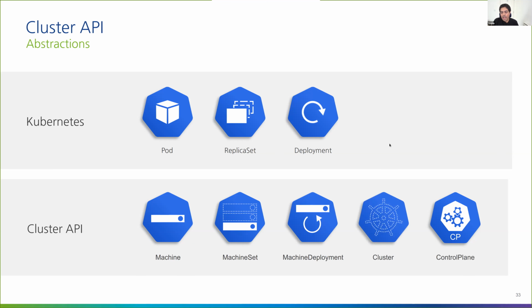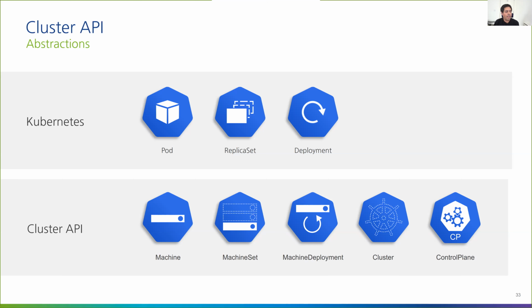And finally, something new that we did for v1alpha3, which is the introduction of the control plane. The most analogous thing is a stateful set in Cluster API, but it's specifically interested in how we manage the Kubernetes control plane itself. So, is etcd healthy or not? When we do an upgrade, is the etcd version changing?